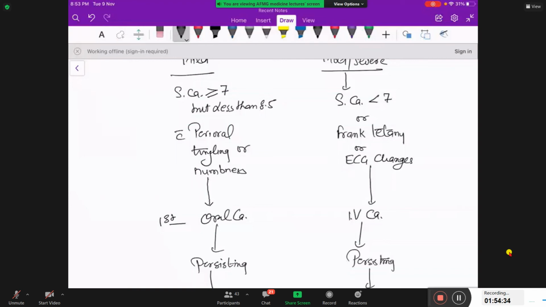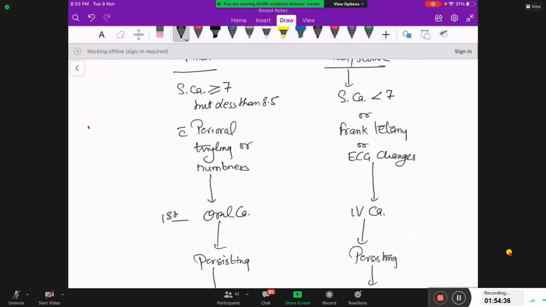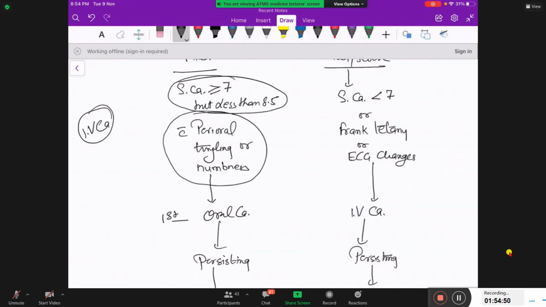We should start IV calcium. Patient who has a serum calcium between 7 to 8.5, but if it is without symptoms, then it is oral calcium. Once the patient is showing signs of tetany, even if the serum calcium is more than 7, you have to start IV calcium.